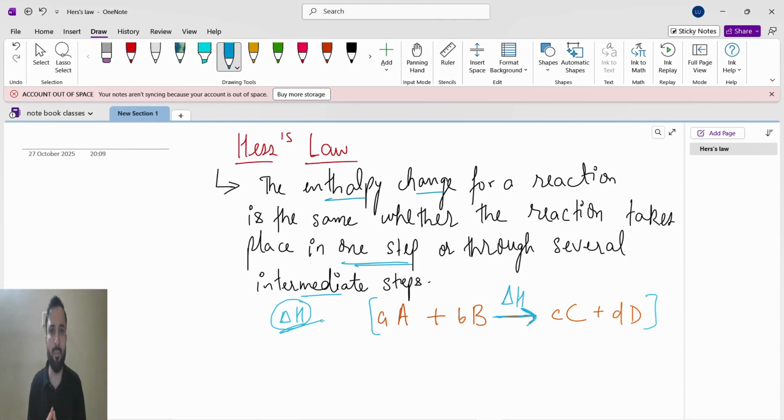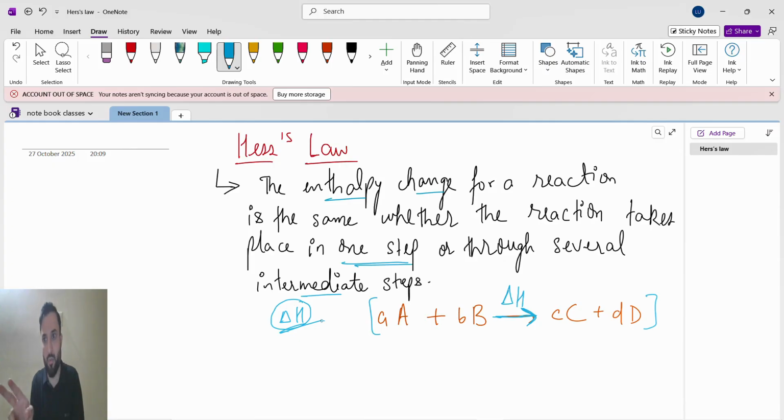The simple thing is, if any reaction is happening, you can do it directly in one step, where reactants react with each other and give the product.